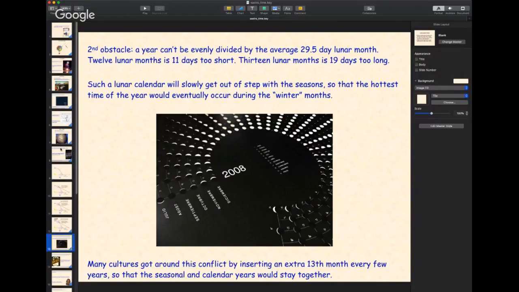Nevertheless, the moon is such a convenient marker for periods within the year that cultures went ahead and did it anyway. And many cultures got around this conflict of it doesn't fit evenly and it's variable by inserting an extra 13th month every couple of years in order to resynchronize the seasonal and calendar years.